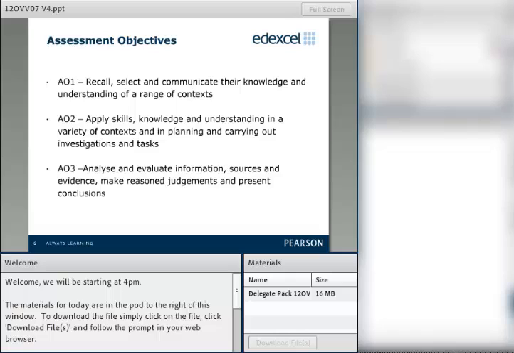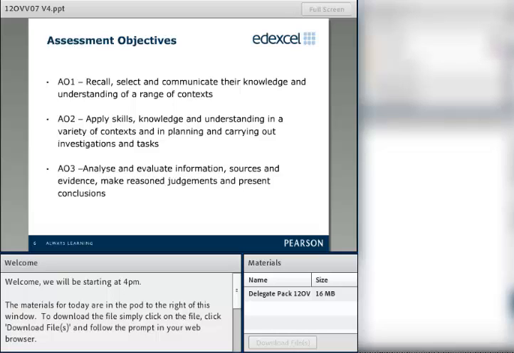When we come to the internally assessed units, we're really looking at AO2, which is the application of knowledge, because of course the candidates will be applying the knowledge to organisations that you have or they have chosen to actually study. In the evaluation parts of the activities, which we will look at in more detail, that's when we're looking at the AO3 assessment objective, which is obviously the higher order one.